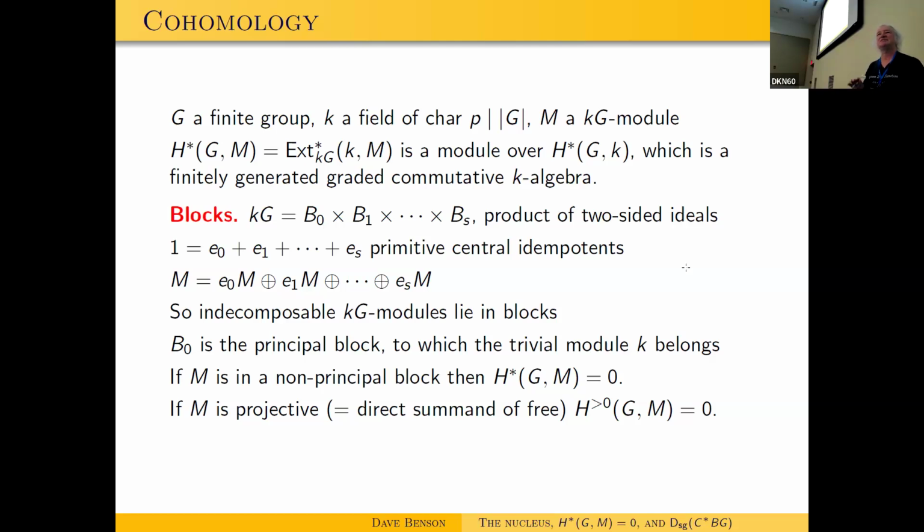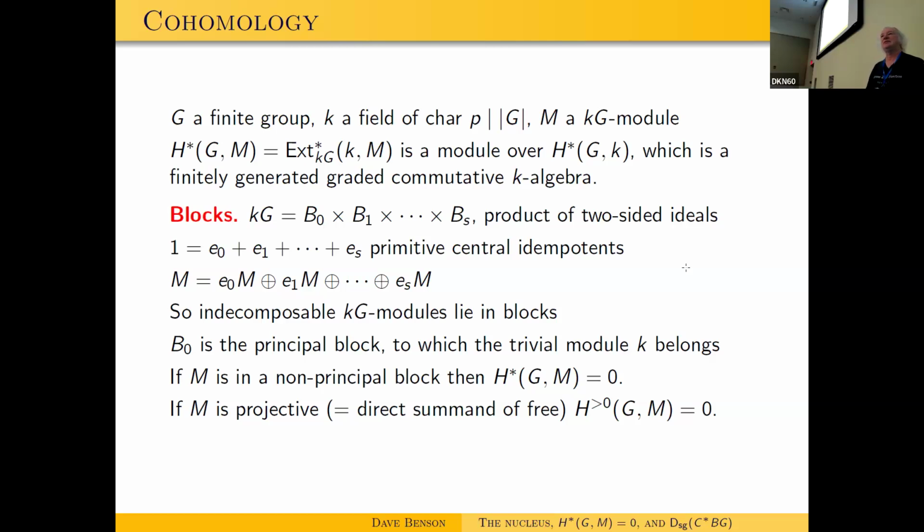So everything so far is pretty obvious, right? Also, there's one thing to know about finite group algebras, which is that projective and injective are the same class of modules. And if a module is like that, then it has no positive degree cohomology.